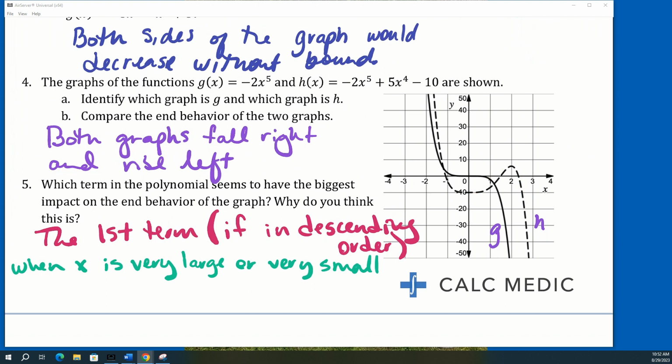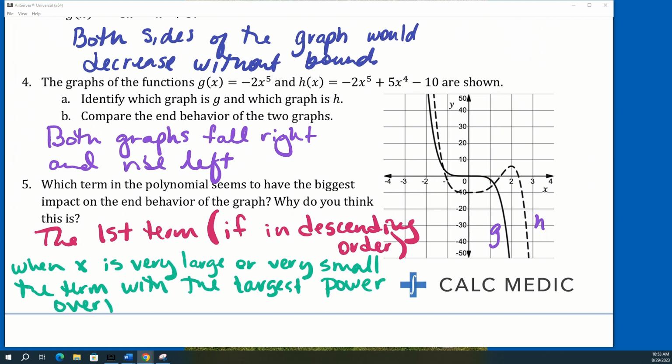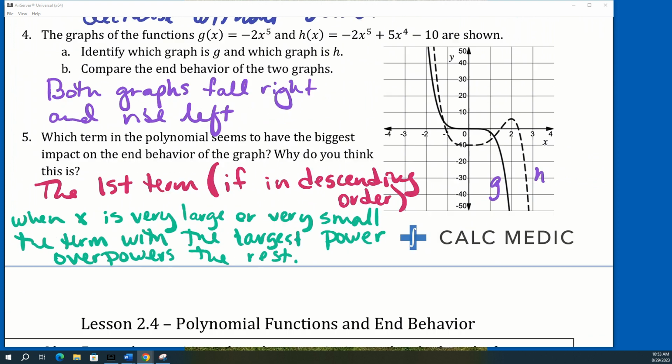So we're going to say the term with the largest power overpowers the rest. And you might have never thought about that before, but when you put a big number into an exponent, it makes it way, way bigger. Okay, so let's fill in the notes.